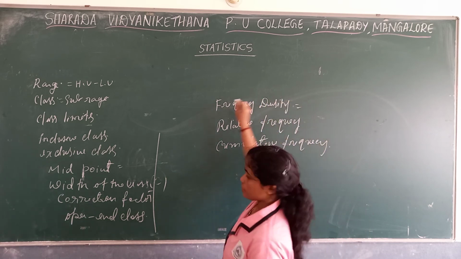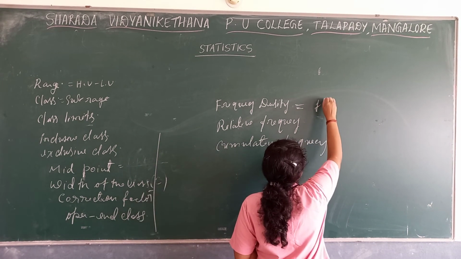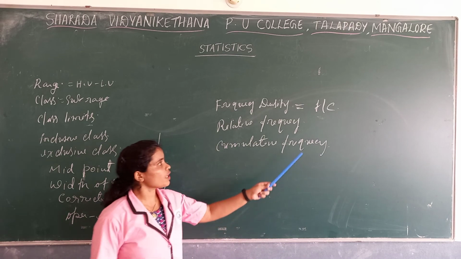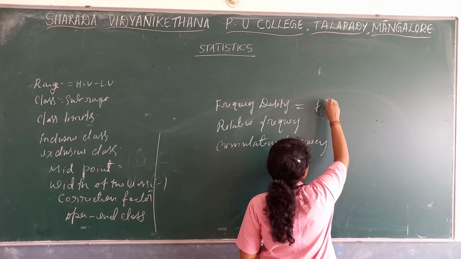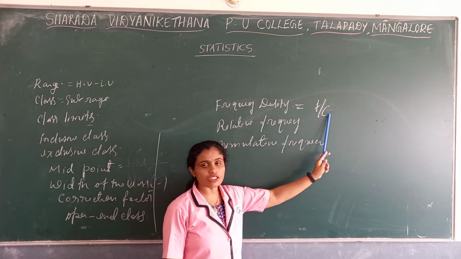What is frequency density? Frequency density is nothing but frequency per unit of class interval. That is frequency divided by width of the class, F by C.